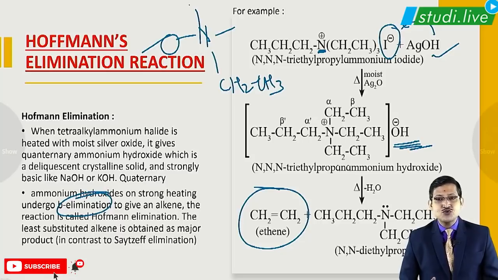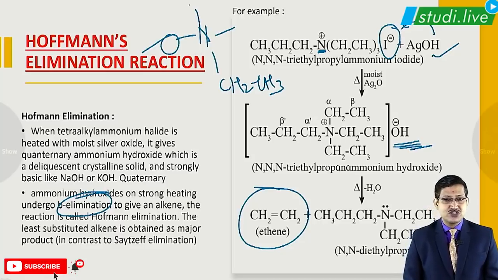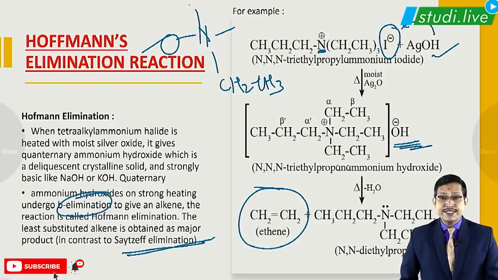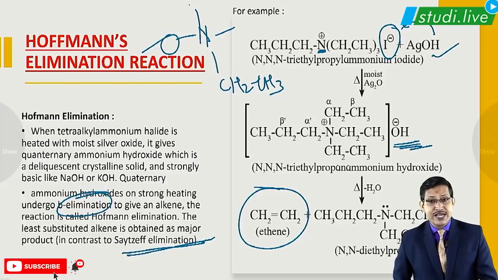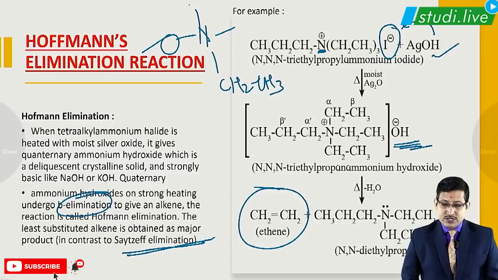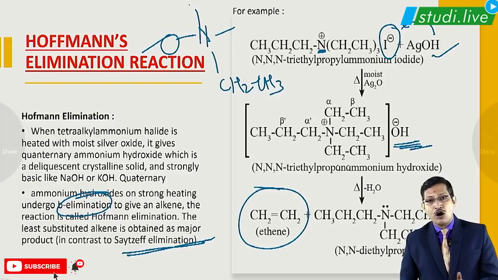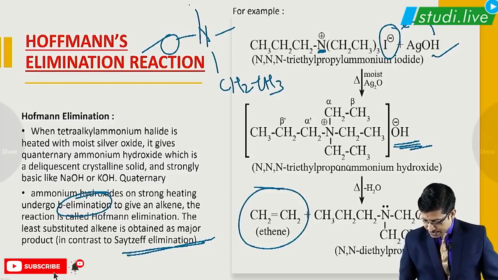So if there is confusion, you will have 2 different products, major and minor, and who decides it? The decision is taken by something called Sandmeyer's rule, Sandmeyer's elimination method. So this is about Hoffmann's ammonolysis, and after it, Hoffmann's elimination reaction.